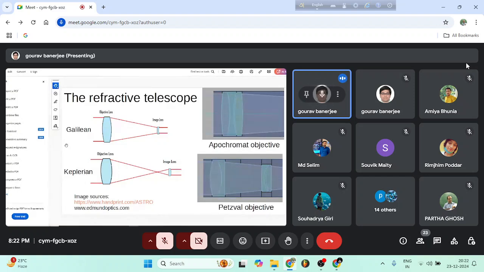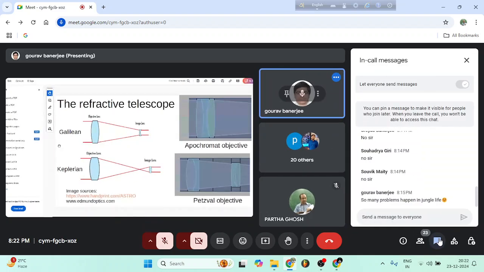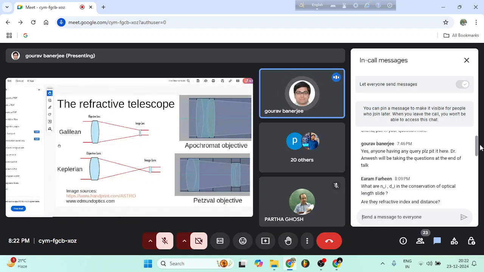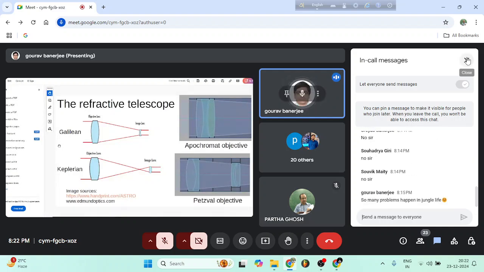Oh, it's maybe background? Something keeps happening. Was this slide coming? Yeah, it was coming. It's just frozen. Suddenly, sometimes it happens. This is the problem with Windows actually.